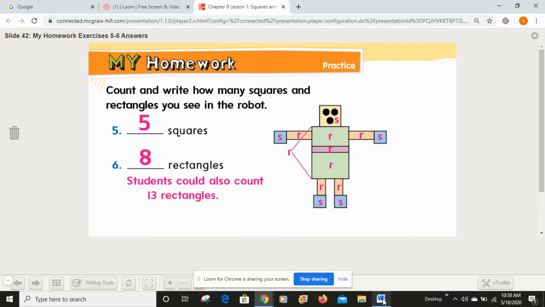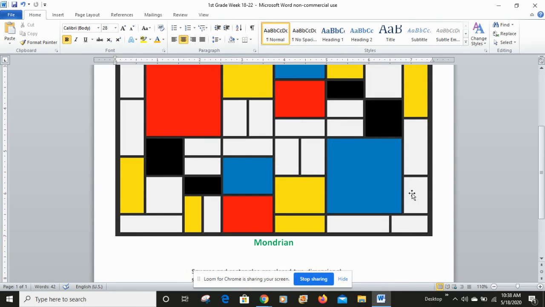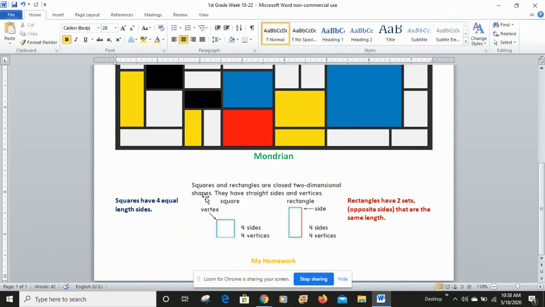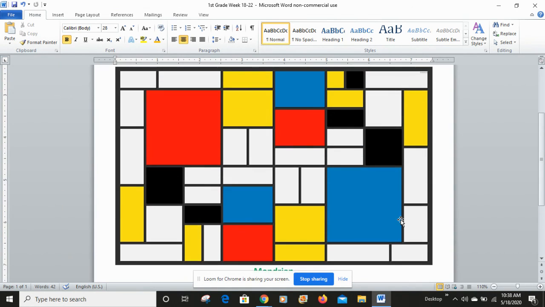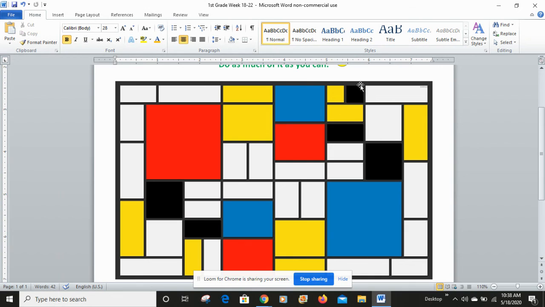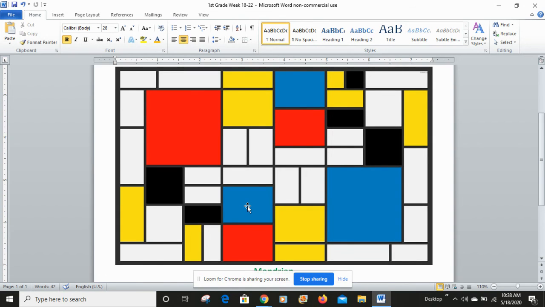As you're working today on those pages, use this definition down here to help you with squares and rectangles. Maybe look up some art online. There's a lot of really cool paintings. A lot of times when it comes to art, after someone's already thought it up, people look at it and say, gosh, I could have done that.